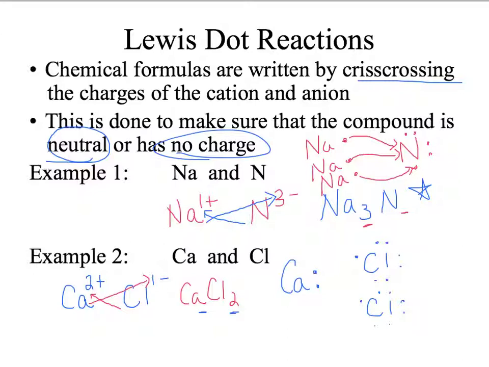Not very good 7 dots, but good enough. So now I've got to show how calcium is giving up its electrons to those chlorine atoms. Each one of the chlorine atoms needs to gain 1 electron. The calcium has 2 to give up. So this one is going to go here, and you're going to show me with an arrow where these electrons are going. So that is a Lewis dot reaction for calcium chloride.